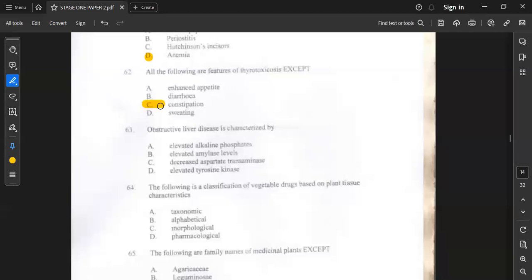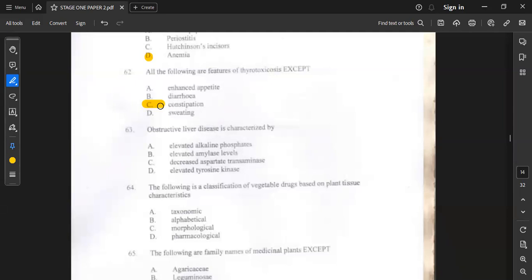The T4 levels will be high, not normal. It will be high and the TSH will be low. What else can we add on to it?